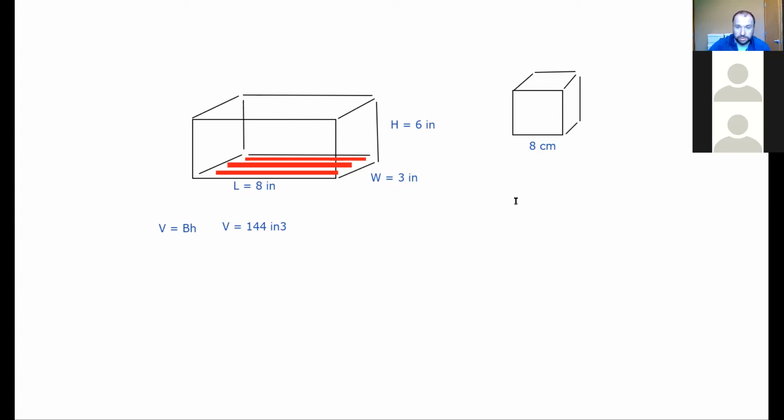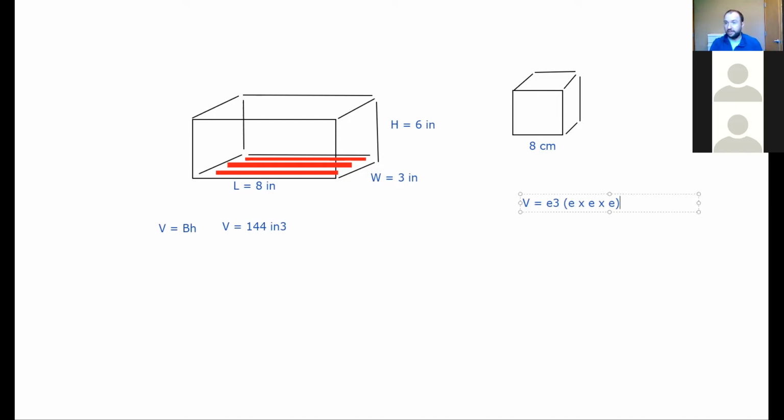If you want to use this formula, edge to the third power, or edge times edge times edge, that's essentially what you're doing. You're taking the side length of a cube and multiplying it by itself 3 times, or you could still think of it as length times width times height.